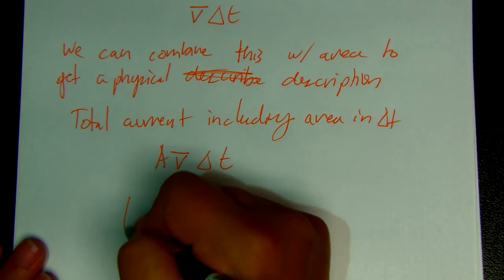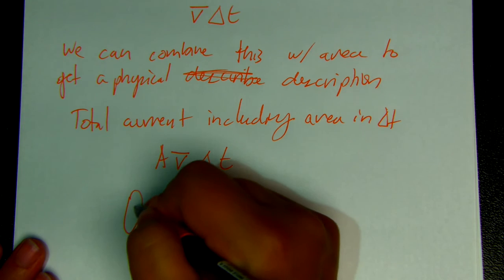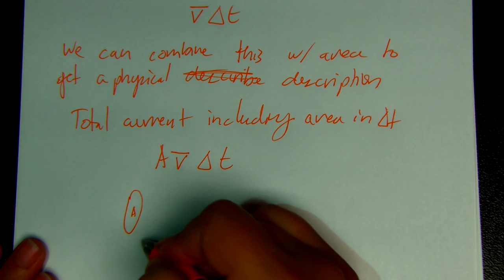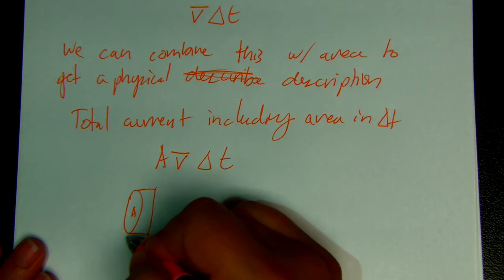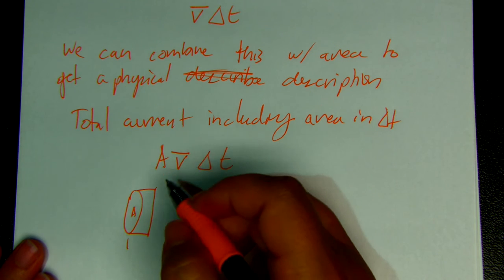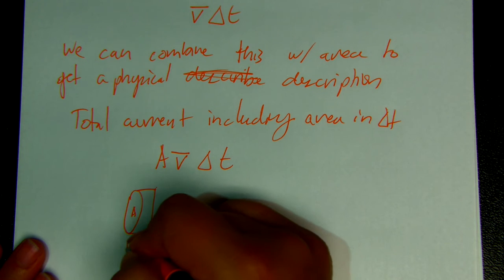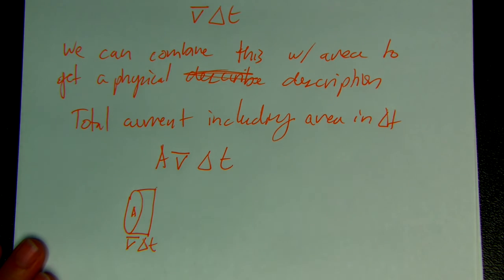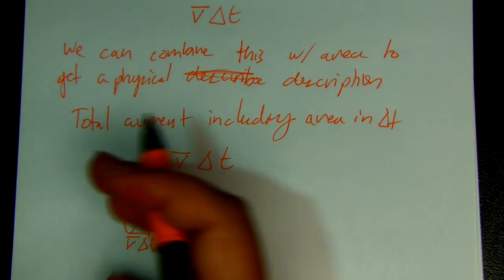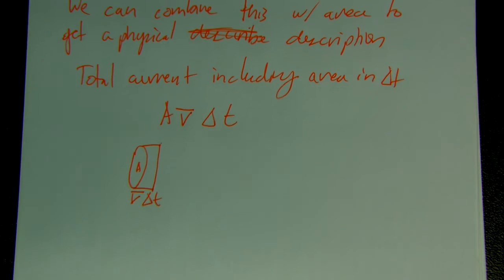So we can think of this as our area, the surface area of electrons. We want to turn it into a volume because after all, currents go in three-dimensional space. So you would have your drift speed times delta t to get the total volume.